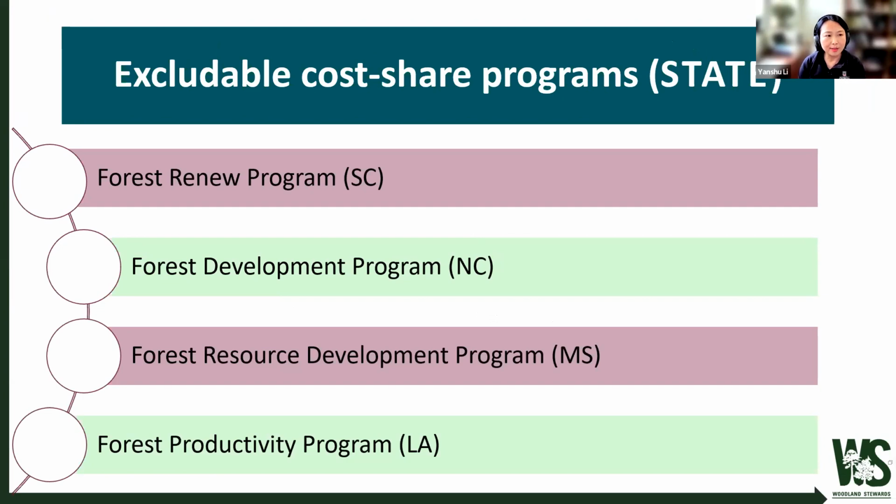And here are some examples of qualifying state programs. For example, in Mississippi, the Forest Resource Development Program: if you receive a cost share assistance payment from this program, you are eligible to exclude the payment from your taxable income.